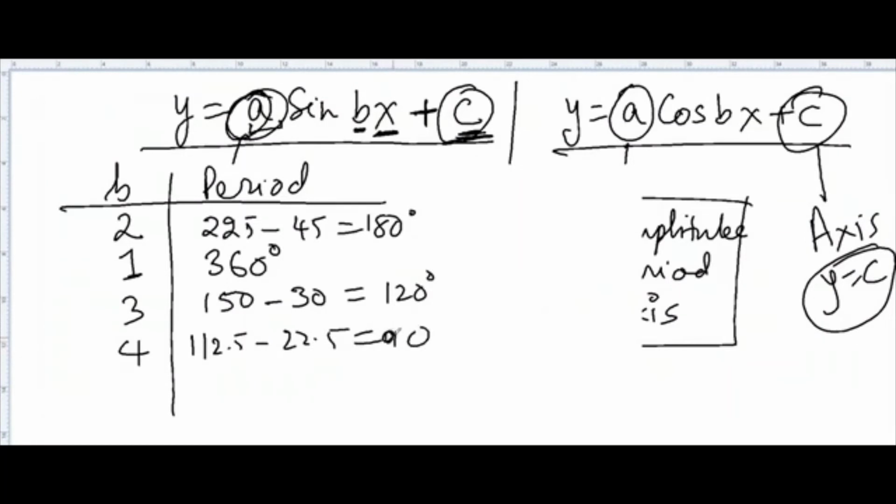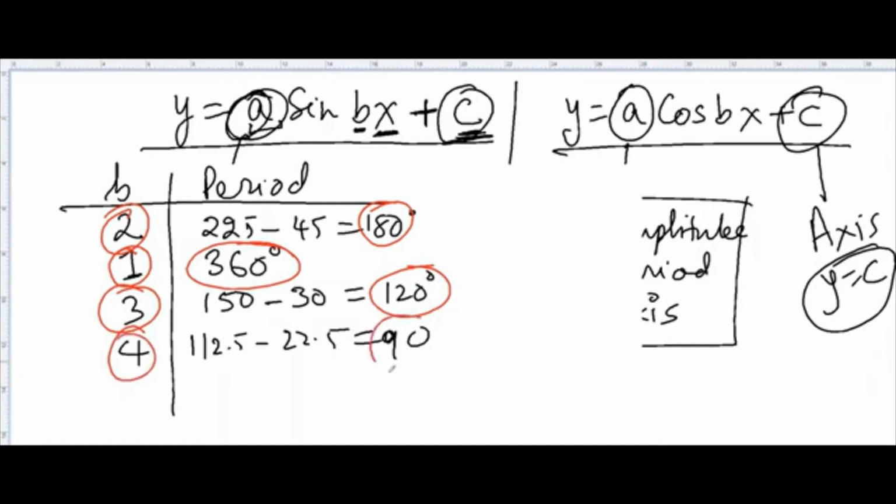Now you will see a pattern here. Look, if I multiply 2 with 180, what do I get? 360. When I multiply 1 with 360, I get 360. 3 times 120, 360. 4 times 90, 360. That means B multiplied by period is always a constant, which is 360. If you are talking about radians, then B multiplied by period is 2 pi.